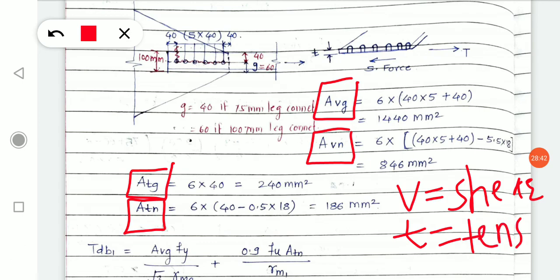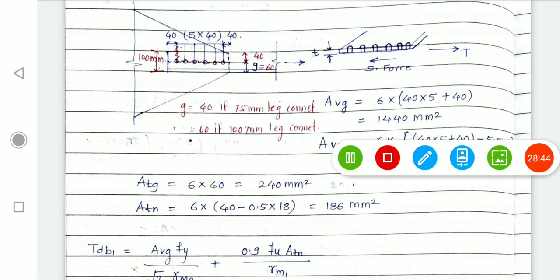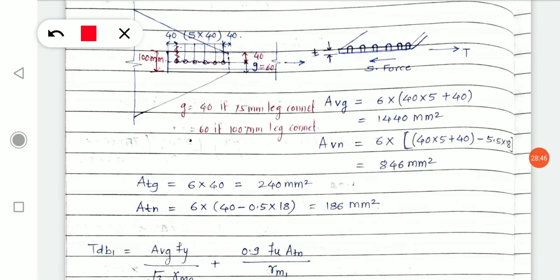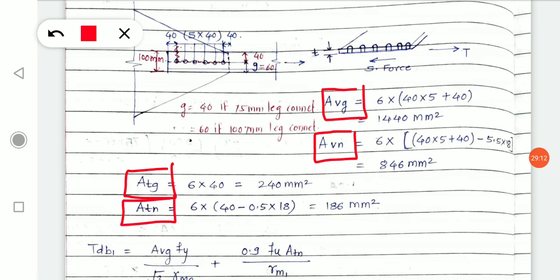So if we are calculating AVG, it means the gross shear area. If we are calculating AVN, it means the net shear area. If we are calculating ATG, it means the gross tension area or tensile gross area, whereas ATN is the net tensile area.